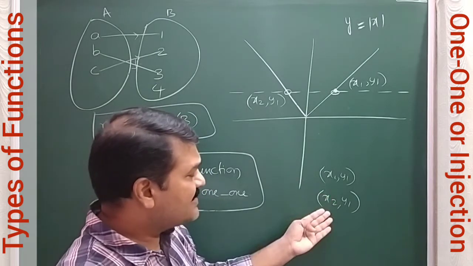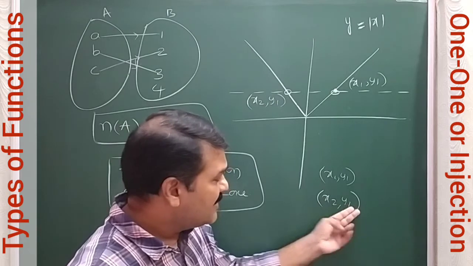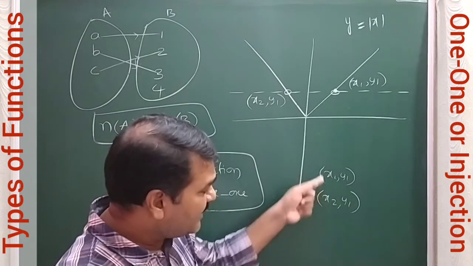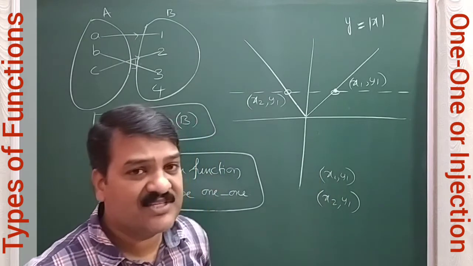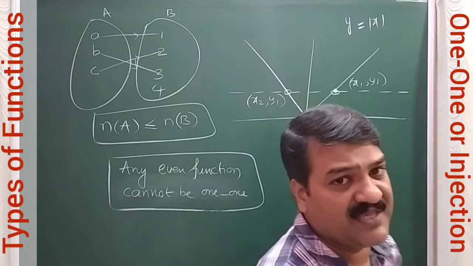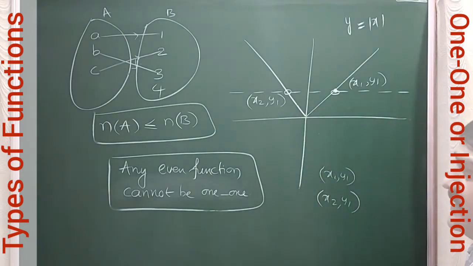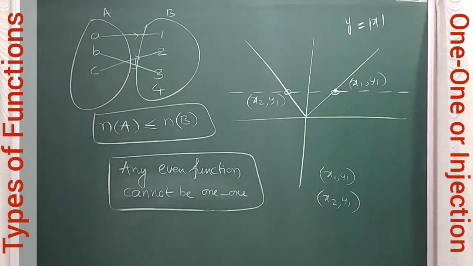We can also see it like this: the image of x1 is y1, the image of x2 is y1, so the image of two different elements is the same. It cannot be like that for a 1-1 function. So this is the horizontal line test which we can use graphically to determine whether a function is 1-1 or not.